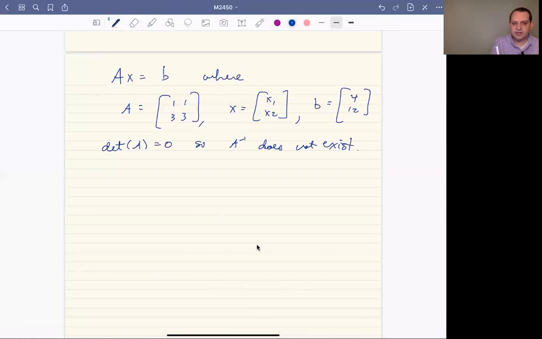So we can't just find the inverse, multiply on both sides by the inverse and solve. We just have to do this the old way. So we're going to look at the augmented matrix. We have 1, 1, 3, 3 augmented with 4, 12.